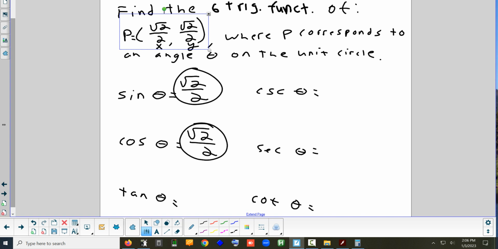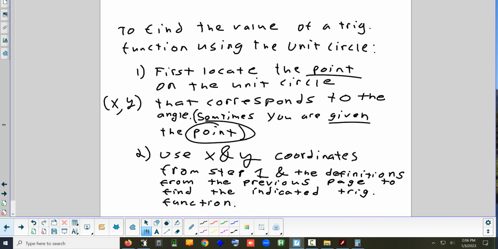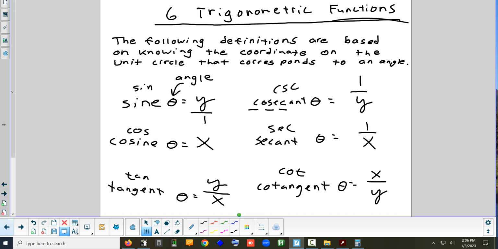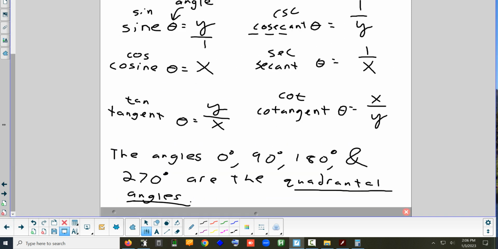So x is part of it. Y is part of it. And we have to do something with the two of them. Multiply. Back to it. So tangent is when we divide. Okay, so y divided by x.